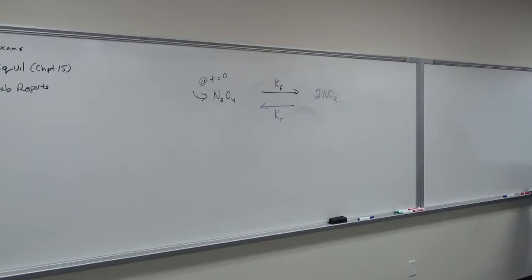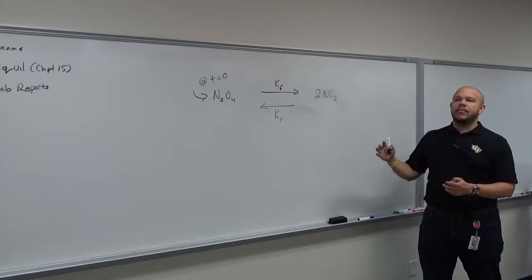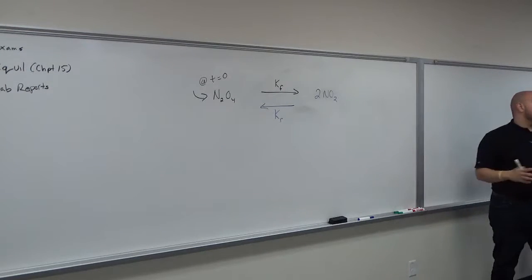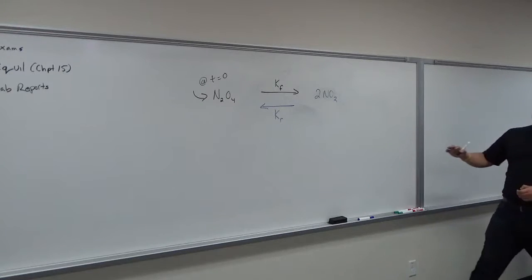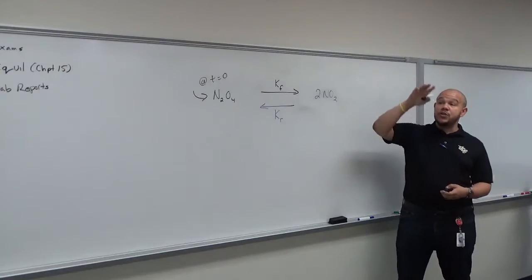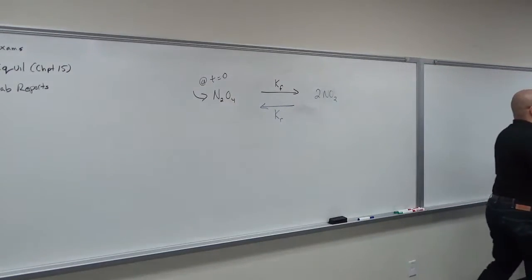That's the key here. Kf, Kr may not be equal. The composition of your container stays the same, and remaining constant is extremely important once you understand equilibrium. But a lot of people's idea of equilibrium does not involve the back and forth. What that means is that we do not have a reaction that's done.